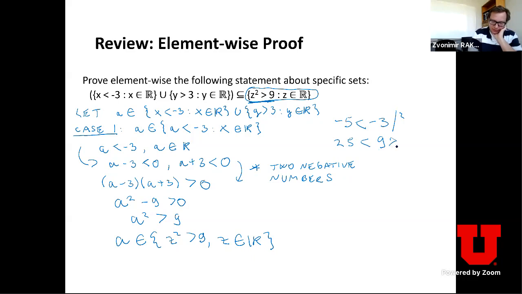That is not true, clearly. So squaring both sides does not preserve this inequality. You cannot just square both sides. So this actually answers your question. Any other questions?